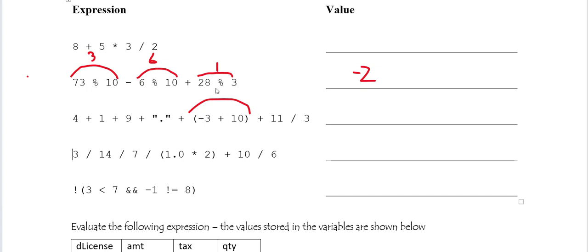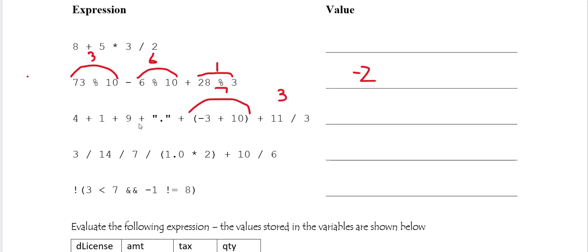Negative 3 plus 10, so there's a 7. Next in the order of operation is division, but recall we have 2 integers here. What type of division is this? This is integer division. So 11 divided by 3 is about 3.6, I believe, but that's truncated to 3.